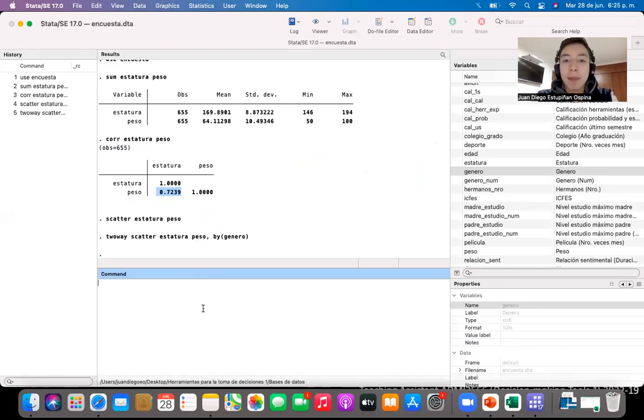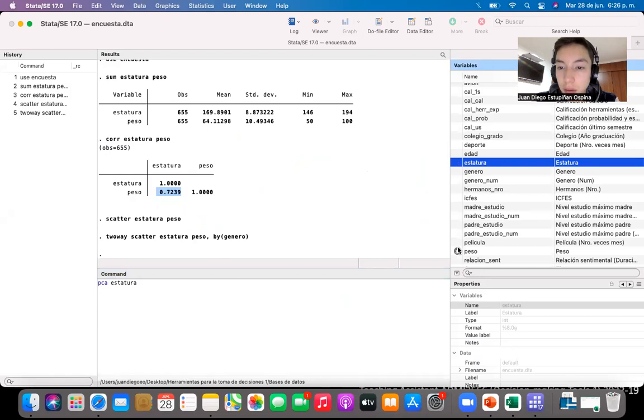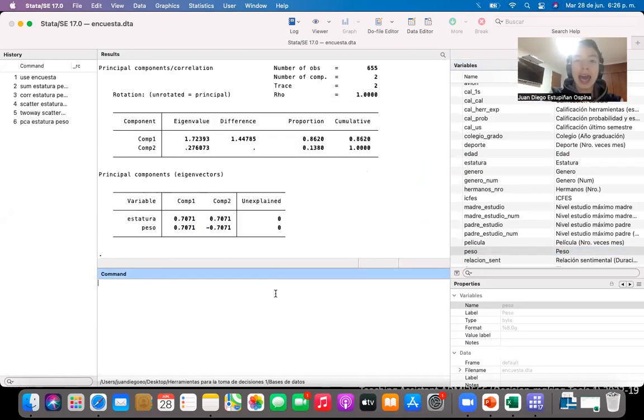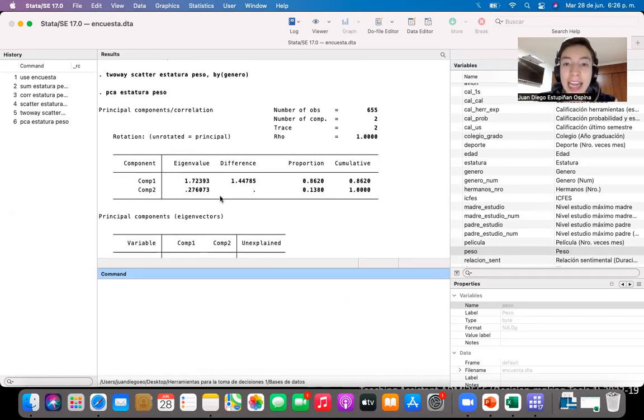Now we can apply the principal component analysis by using the command PCA and the name of the variables. So here is the output that Stata presents after using the principal component analysis.